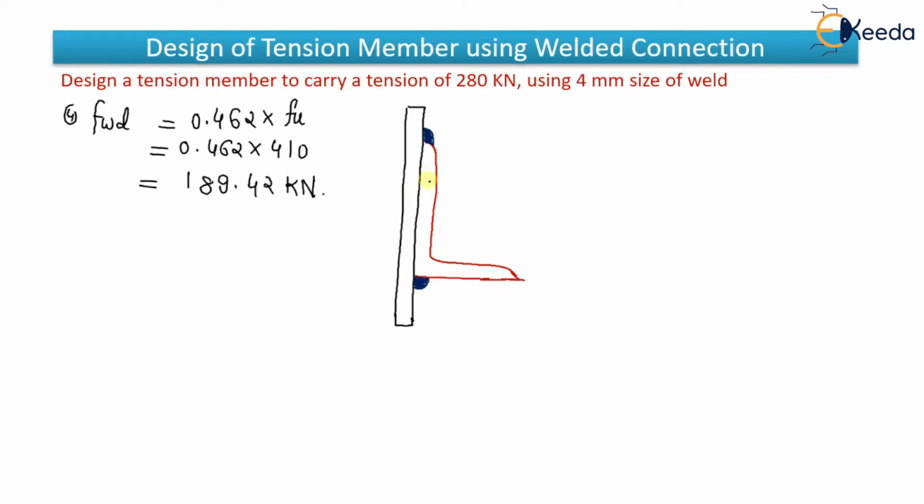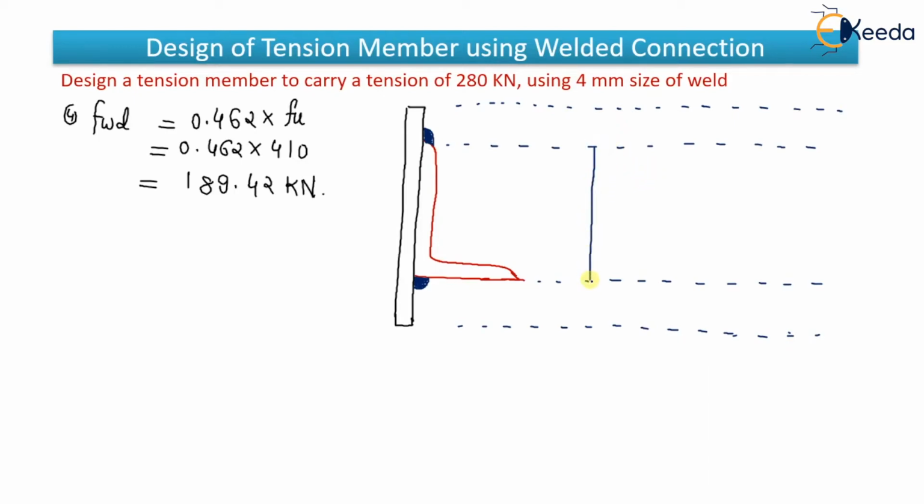Now if you want to see the top view of this, how will it look? Let me show you, because this concept is very important. If you want to find out the size of weld, then it is a very important concept. Now I'll draw one diagram here.